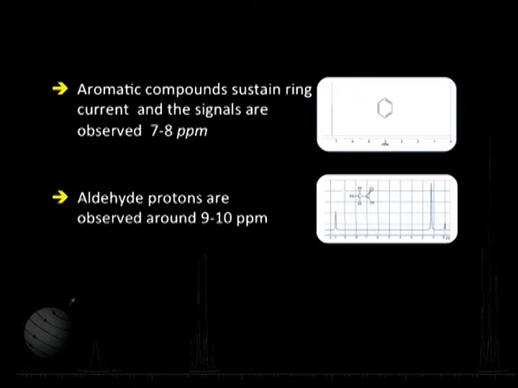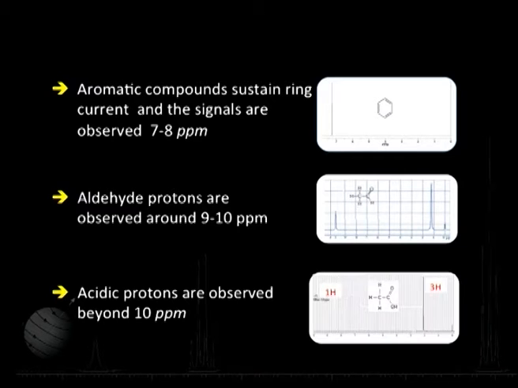And then aldehydes typically show the protons in the range of 9 to 10 ppm, and similarly the carboxylic acid protons are observed beyond 10 ppm, say 10.2 to around 12 plus and so forth. So, these are the typical things which we established in the previous session.